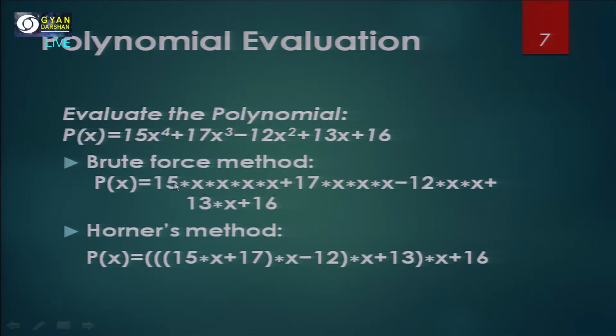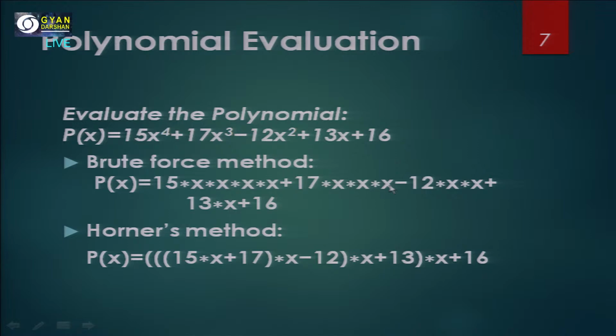So if I want to do that, I'm going to multiply x four times, because this is what x to the power 4 is, and multiply it with the coefficient. This is how the first term would be evaluated. Then the second term would be evaluated.